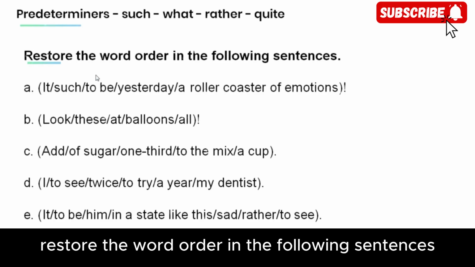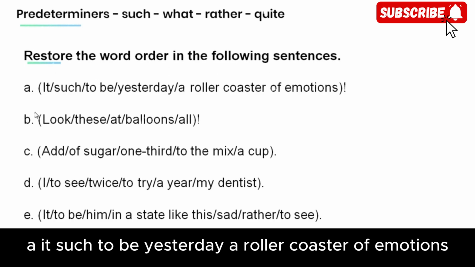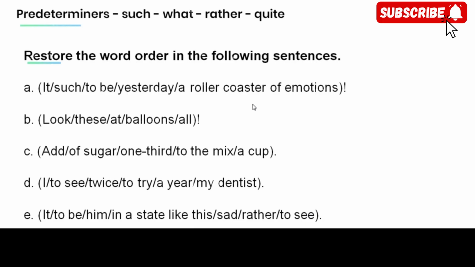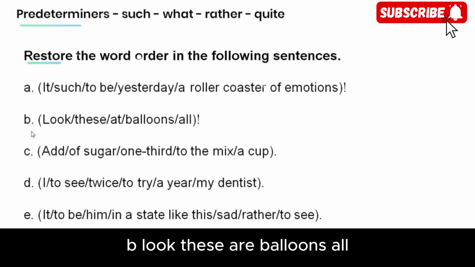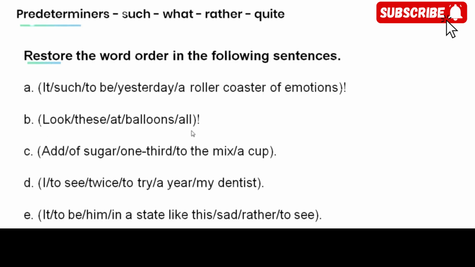And now restore the word order in the following sentences. A. It, such, to be yesterday, a roller coaster of emotions. B. Look, these at balloons all.